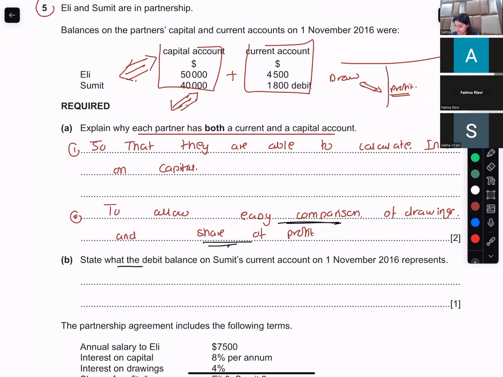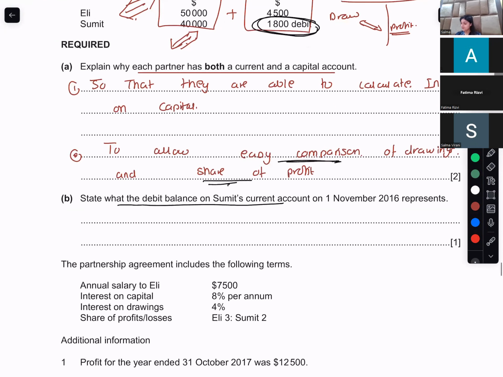There is a debit balance on Sumit's current account. What does this represent? Drawings are more. Okay. If there is a credit balance on the current account, it means the partner has given to the firm.